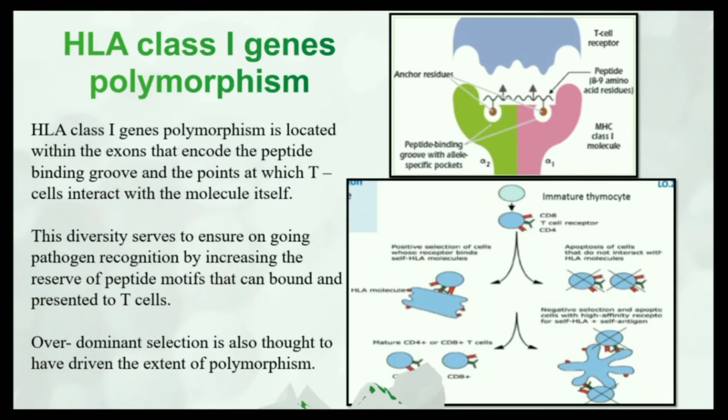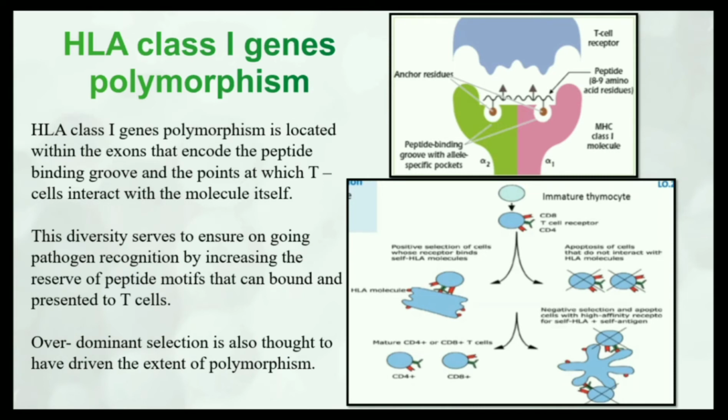As I said in the previous slide, HLA has the characteristic feature of polymorphism. HLA class 1 gene polymorphism is located within the exons that encode the peptide binding groove and the points at which the T cell interacts with the molecule itself. This diversity serves to ensure ongoing pathogen recognition by increasing the range of peptide motifs that can be bound and presented to T cells.